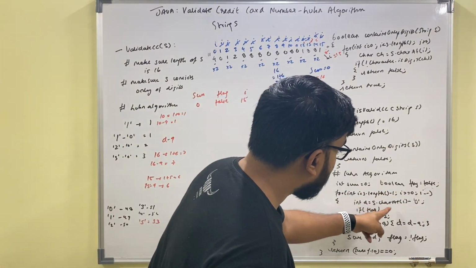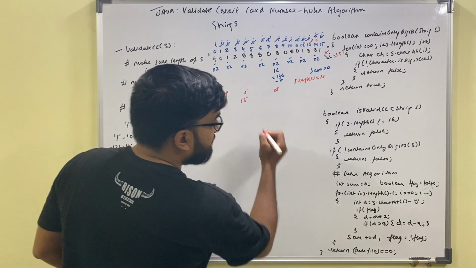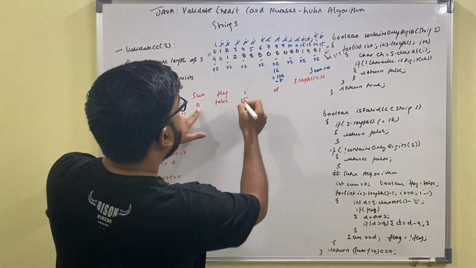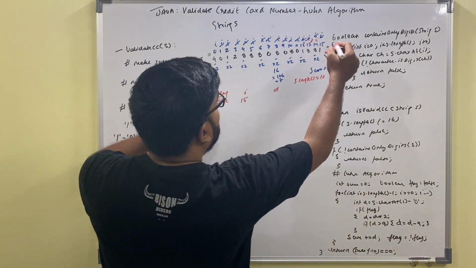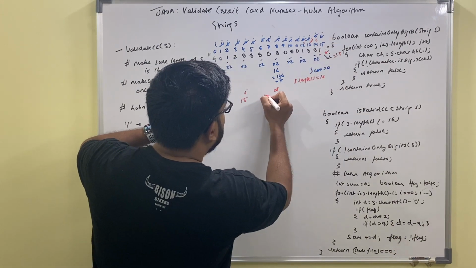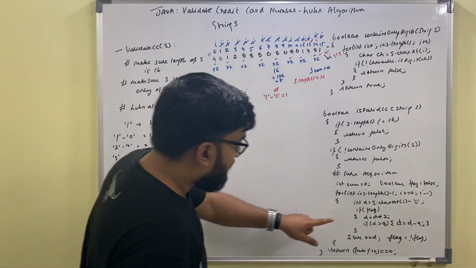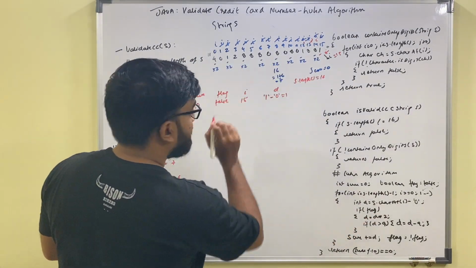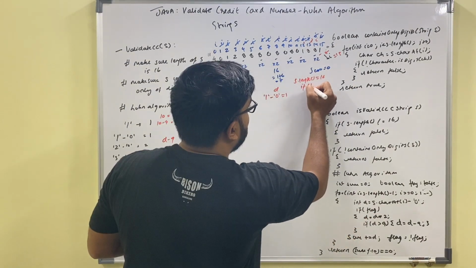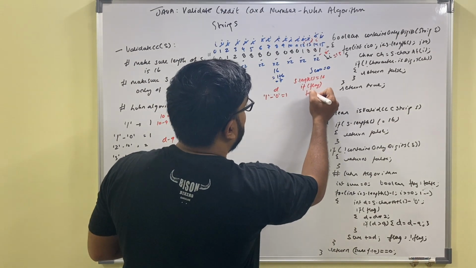Okay. D is s dot charAt(I) minus 0. S dot charAt(I) is this 1. So D is 1 minus 0, which is 1. Okay. If flag is false, so I'll add a condition, if flag. Okay. So this is false.